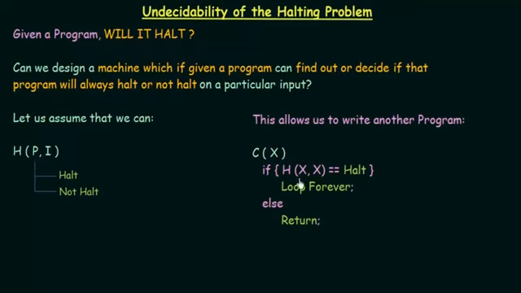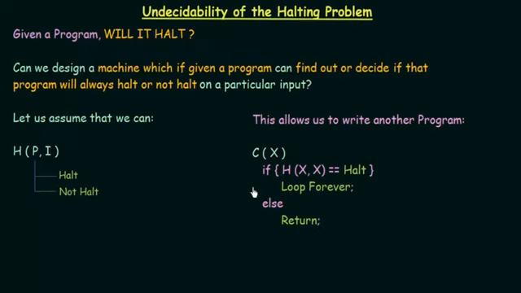So I pass X as the program, and also X as the input. Both the program and the input are X in this case. We know that H will give us one of two outputs: it will either say that a given program will halt or that it will not halt.